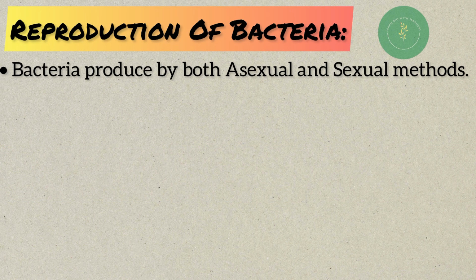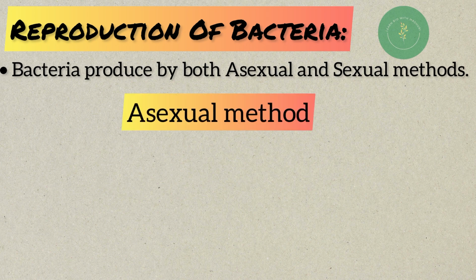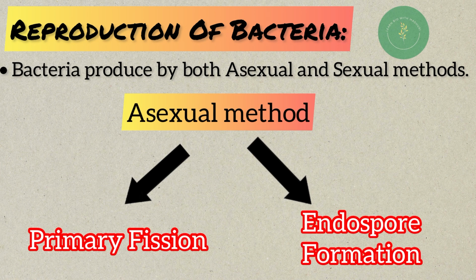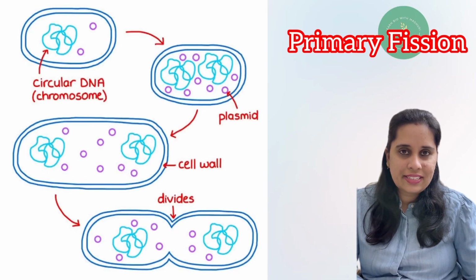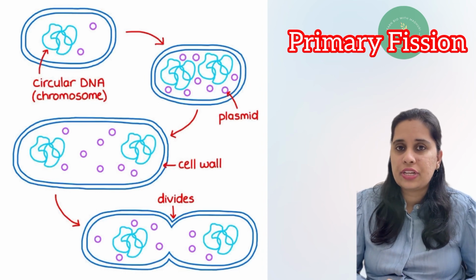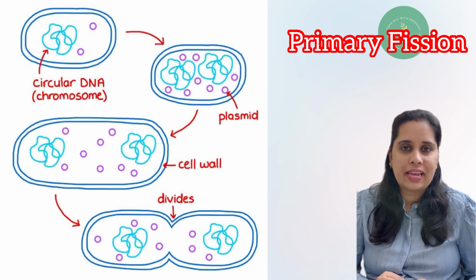Reproduction of bacteria. Bacteria reproduce by both asexual and sexual methods. Asexual methods are binary fission and endospore formation. Moving on to the asexual method, reproduction takes place by binary fission.